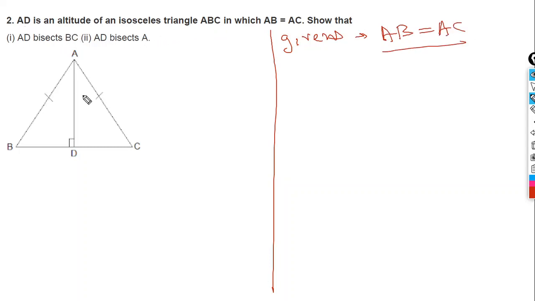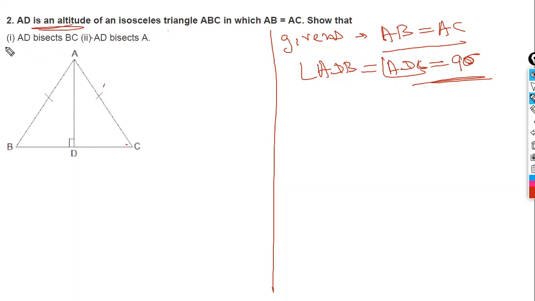AD is the altitude, therefore angle ADB equals angle ADC, which equals 90 degrees, because AD is the altitude. First we'll try part I: AD bisects BC, so we have to prove this equal to this.